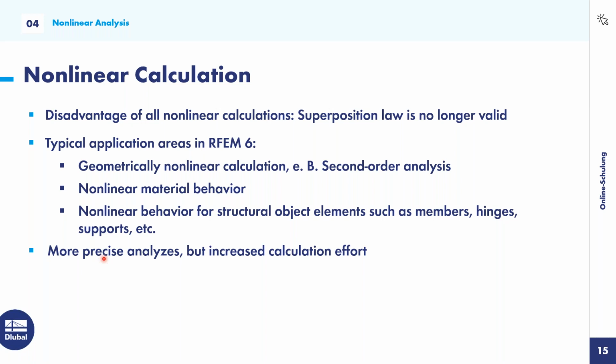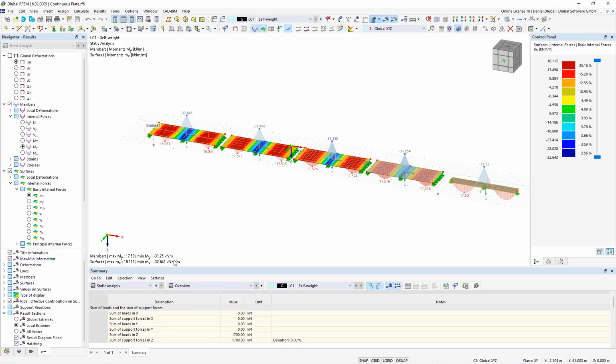But remember, these kinds of nonlinear effects also have a higher calculation effort. Okay, and now I have prepared some examples for you. These examples are just for seeing and understanding these different nonlinear effects.